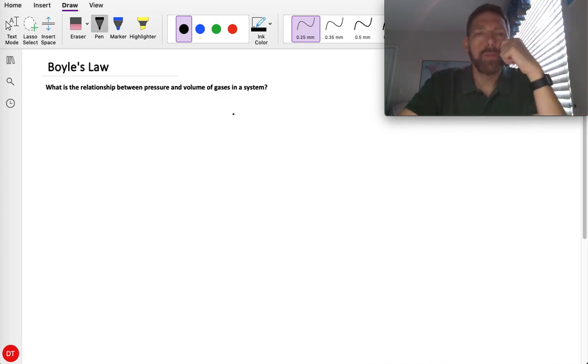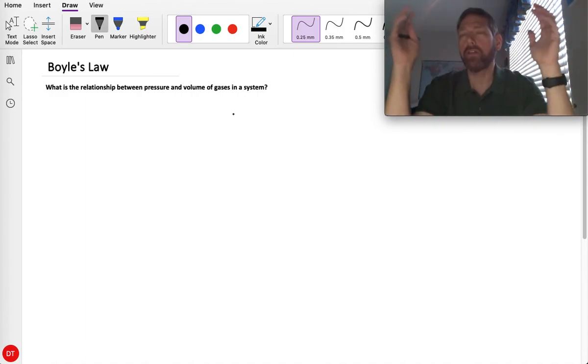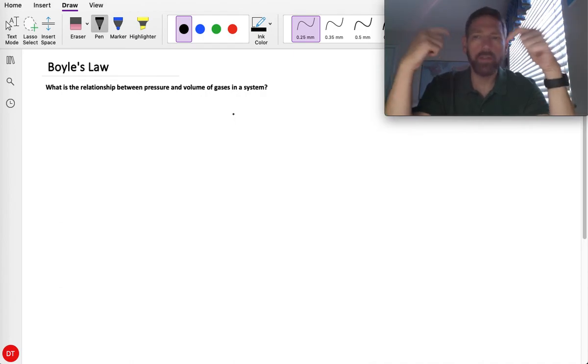All right, this lesson, let's take a look at Boyle's law, which is essentially a focused idea. We're looking at certain conditions of gases. Gases exist under constantly changing dynamics.